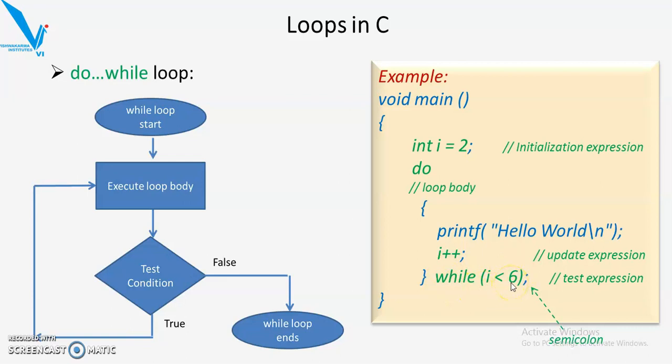Here the condition is checked at the end of the body, so that's why it's considered an exit control loop. So in this example, it will print hello world till this condition is satisfied. Here we have a semicolon at the end of the do while statement, which was not the case for the for loop or while loop.